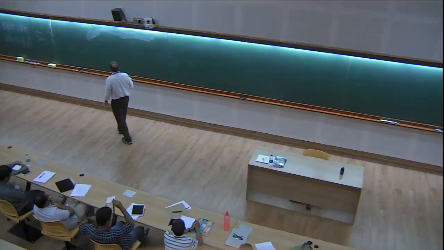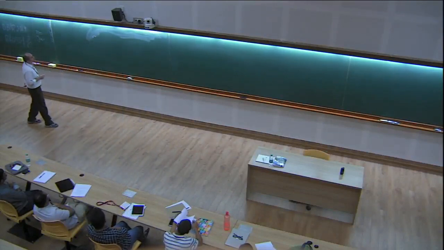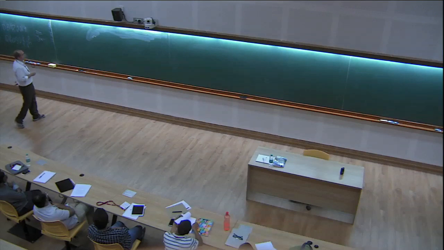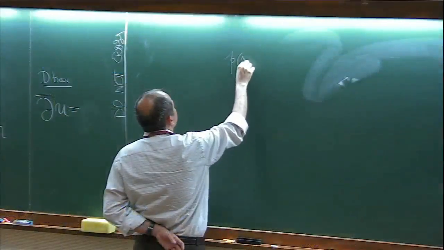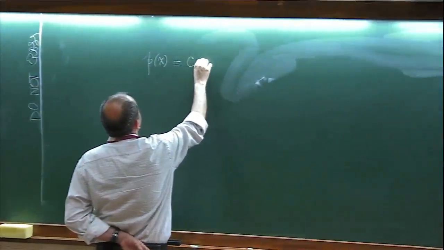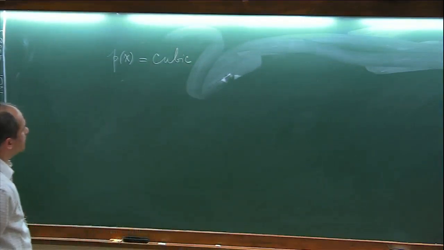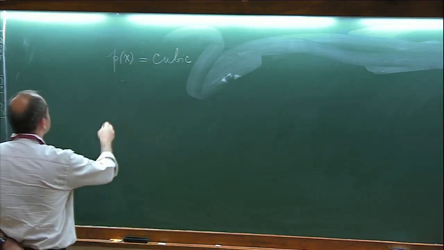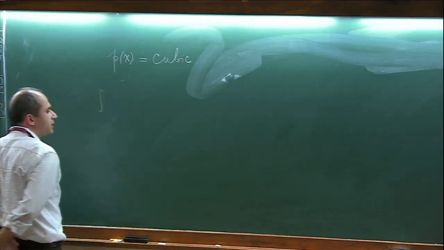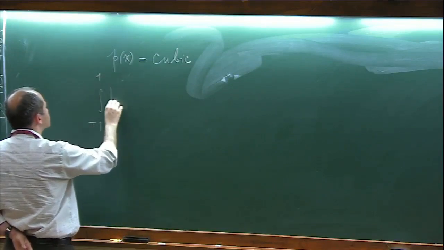So to start with, let's take a cubic polynomial, just on the real line. If you open any book on numerical integration, you will see a formula of this kind.